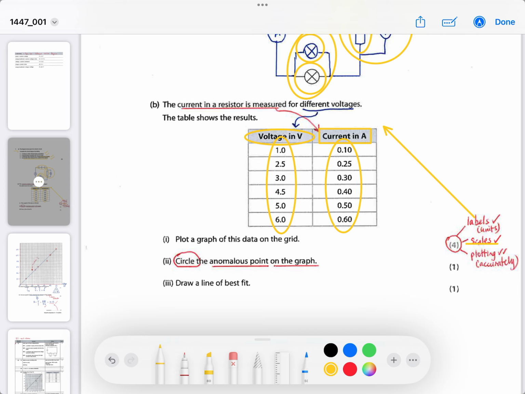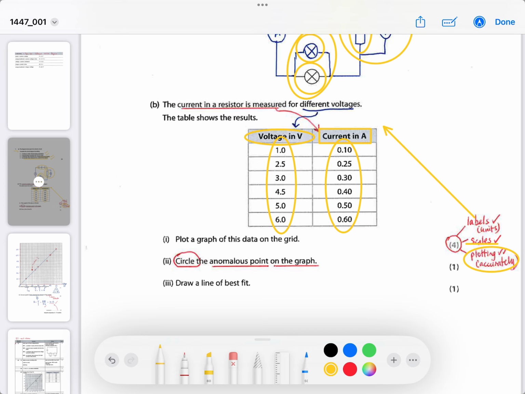So the scales are important. Always make sure each square is worth something reasonable, a round number, like 1s, 2s, 5s. And then you get 2 marks for the accuracy of your plotting, and they will check that you have plotted accurately. Any misplot will lose you 1 mark.